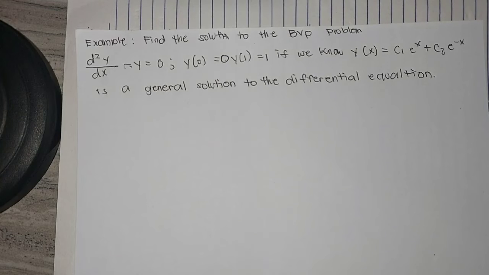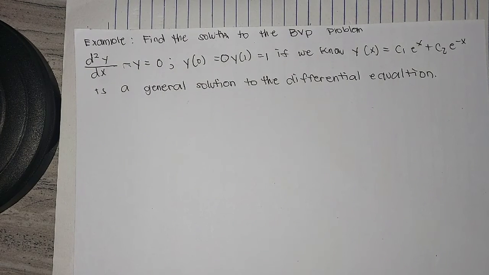Let's take a look at our example. We want to find a solution to the given BVP: the second derivative of y with respect to x minus y equals 0, y of 0 equals 0, y of 1 equals 1.